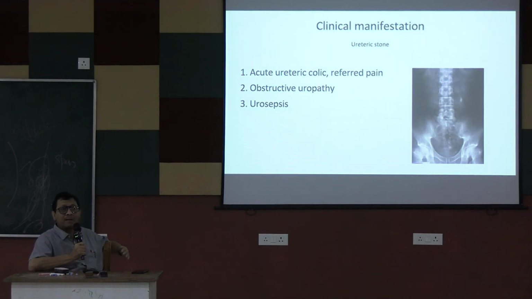Similarly, in an obstructed system, always remember there is accumulation of bacteria and the patient may go even into urosepsis. So these are the clinical manifestations which take place mainly in obstructed renal stone and ureteric stone.